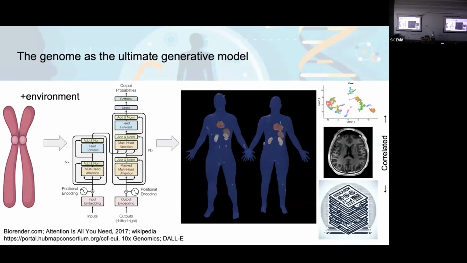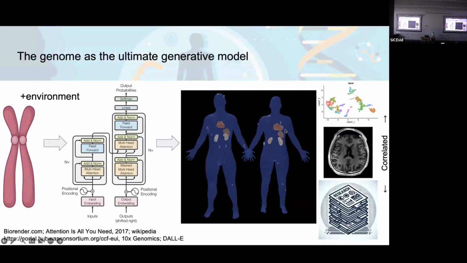One of the ideas for how to do this that came out of these discussions is to think about the genome as the ultimate generative model. The joke part of it is that it's the ultimate generative model because the genome generates people and people generate AI. But the more serious perspective is that we can think about the genome as basically learning through evolution parameters for how to generate a biological system.